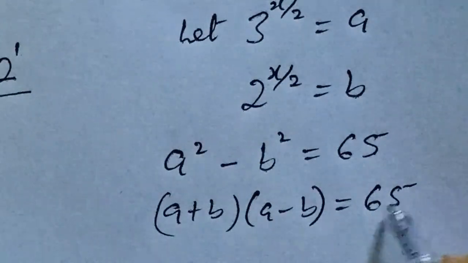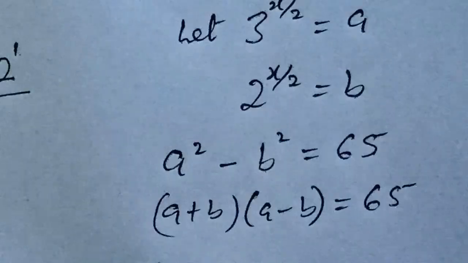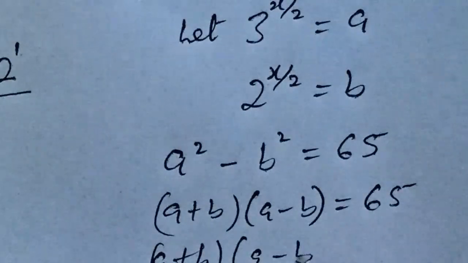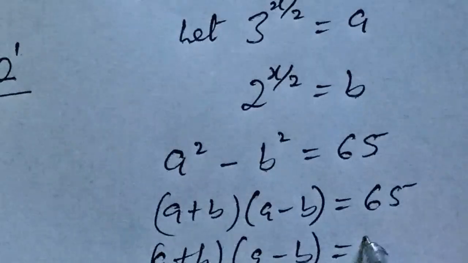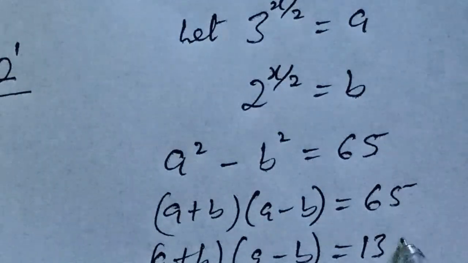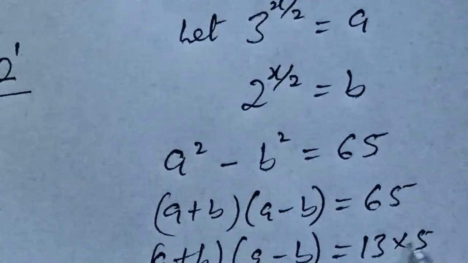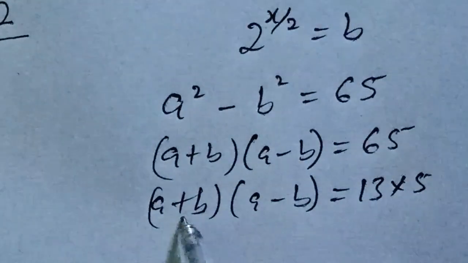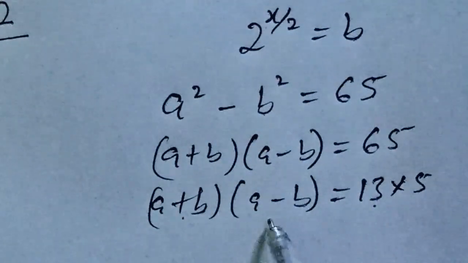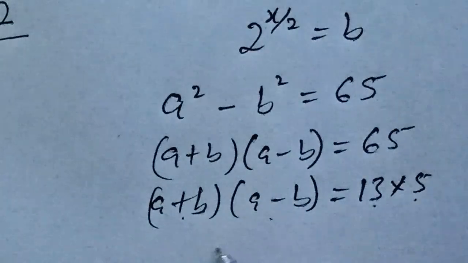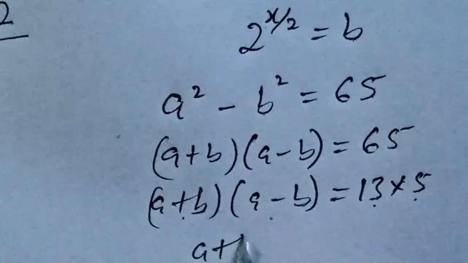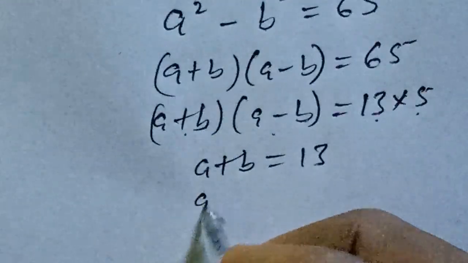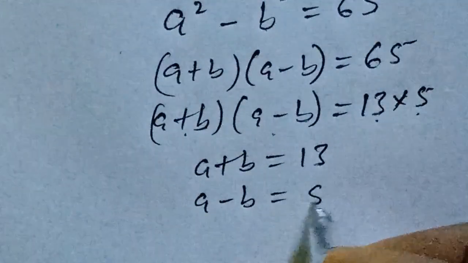So we can now simplify this 65 as a plus b into bracket, a minus b equal to 13 multiplied by 5. So we can equate this with 13 and this term with 5. We now have a plus b equal to 13, a minus b equal to 5.